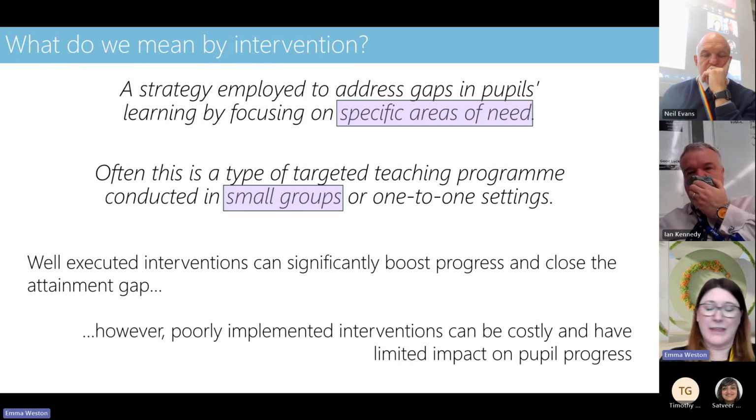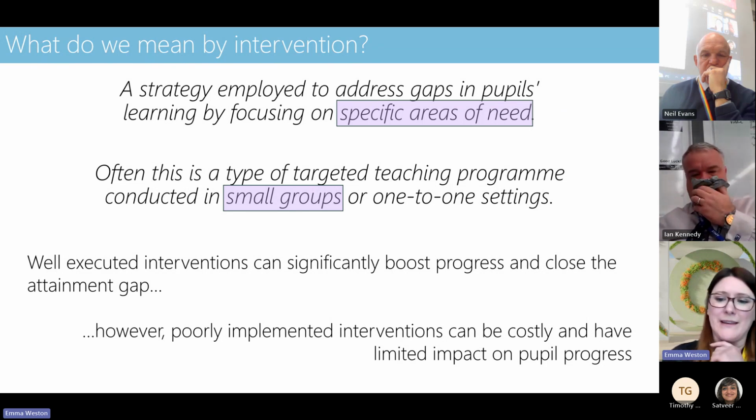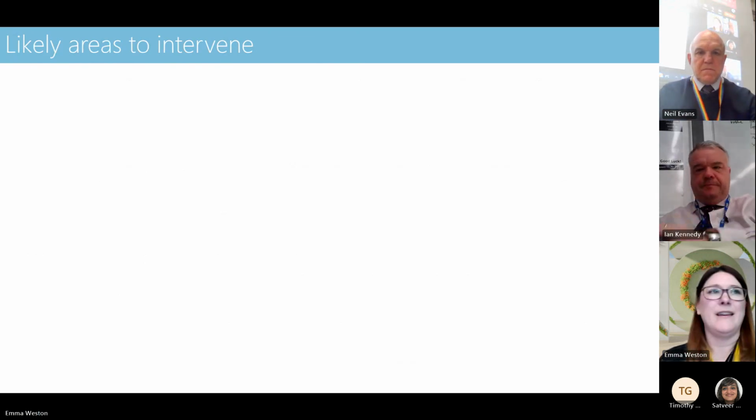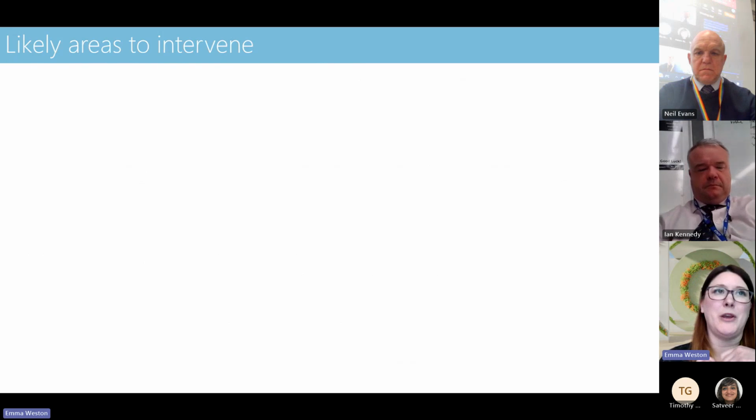So, thinking about the most likely areas to intervene. Actually, I'm tempted to ask you to just type in the chat, what type of students are you generally intervening with? So which types of pupils are you generally getting to take part in your interventions?